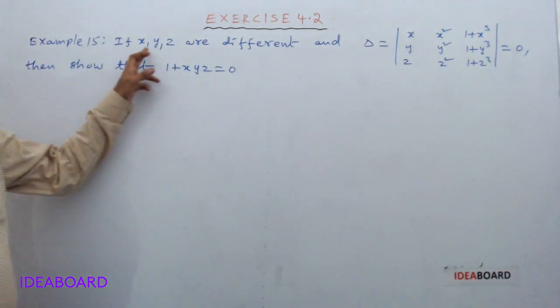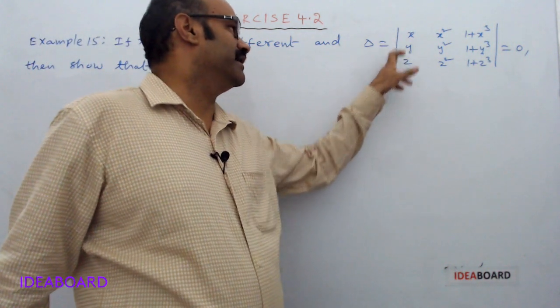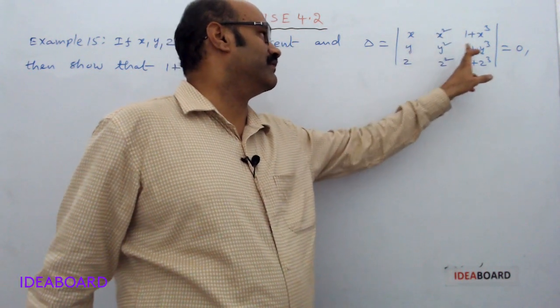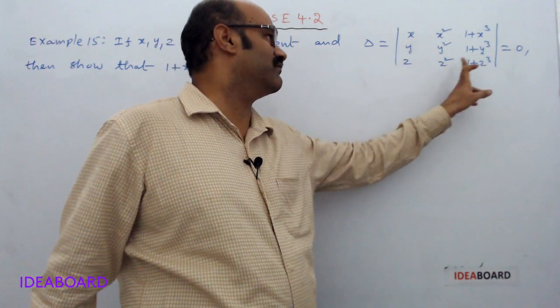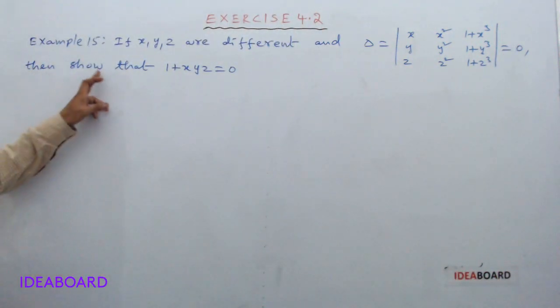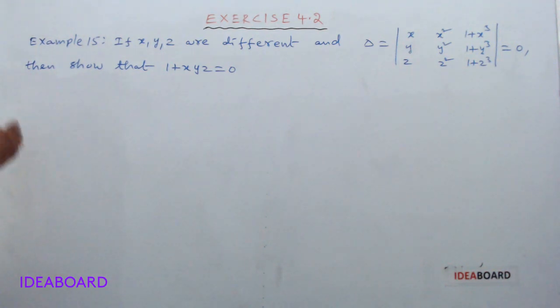Example 15. If x, y, z are different and delta equal to determinant of x, x square, 1 plus x cube, y, y square, 1 plus y cube, z, z square, 1 plus z cube equal to 0, then show that 1 plus x, y, z equal to 0. Solution.